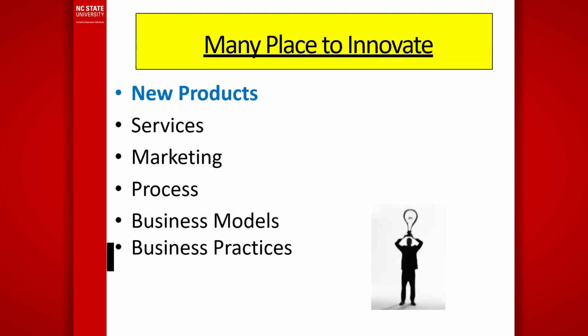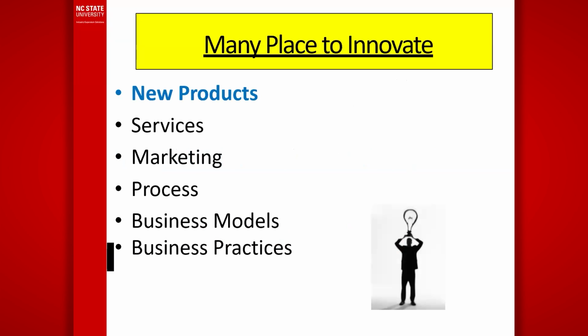So there's many places to innovate, and we believe this process works fine for all of these. In fact, over the past 10 years, I have helped companies in all of these different areas. But the one that I have highlighted there is new products. And I would say that probably 80% of the organizations that I've worked with in this process have been innovating around new products.